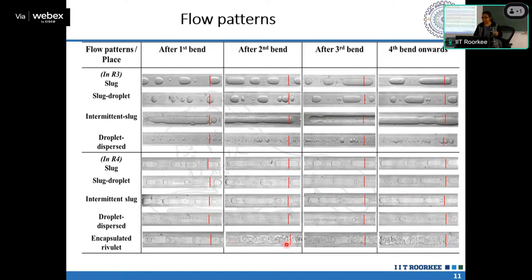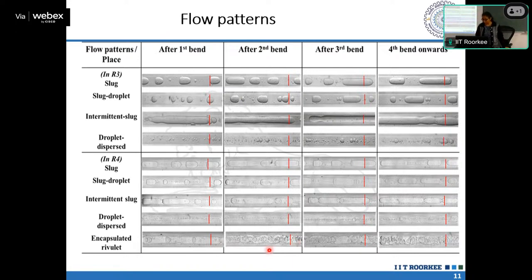They go inside this long structure of methanol, and you can see small drops of continuous phase inside this long, slightly distorted structure, which we call an encapsulated rivulet. The term encapsulated is used because of the existence of small drops of continuous phase inside the secondary phase. Okay, so this is the effect of R by D.